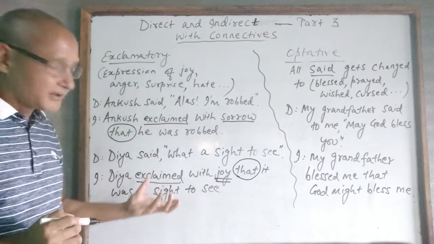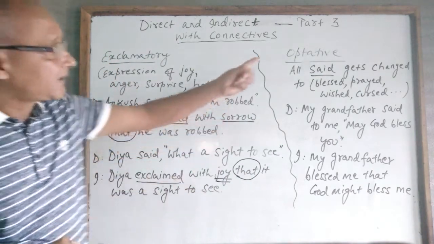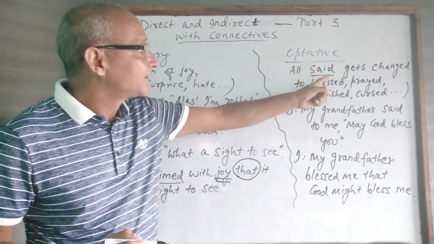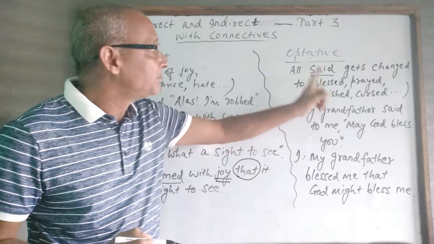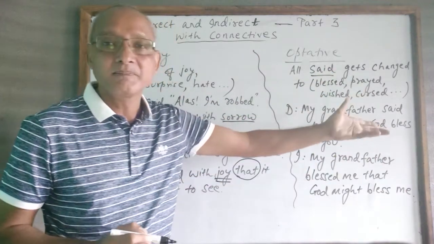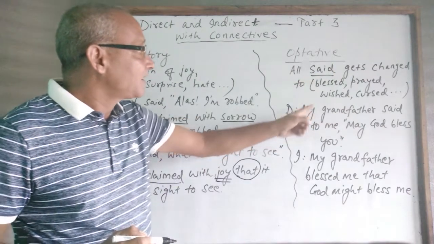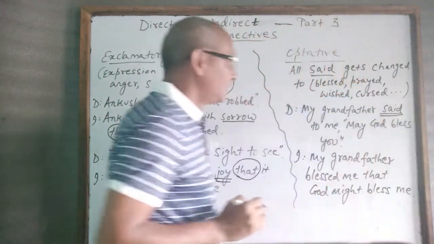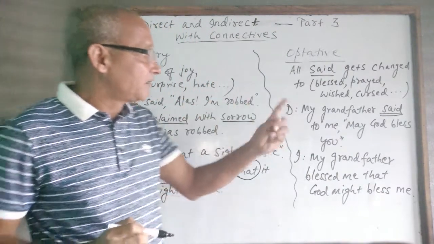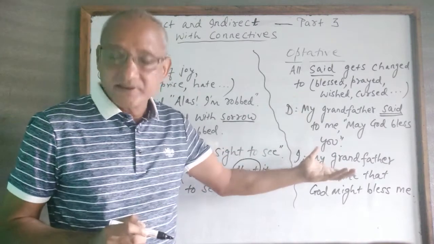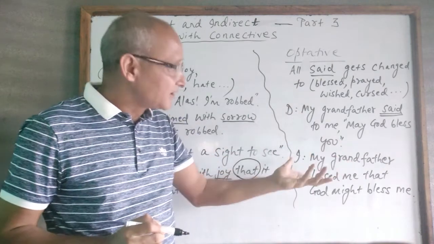So this is how we do exclamatory. And in the case of optative now, all said gets changed to blessed, prayed, wished, cursed, and many more. So my grandfather said to me, "May God bless you." This is a wish, a wishing.